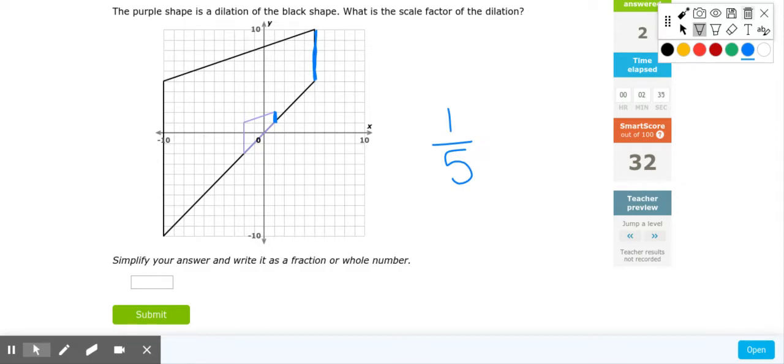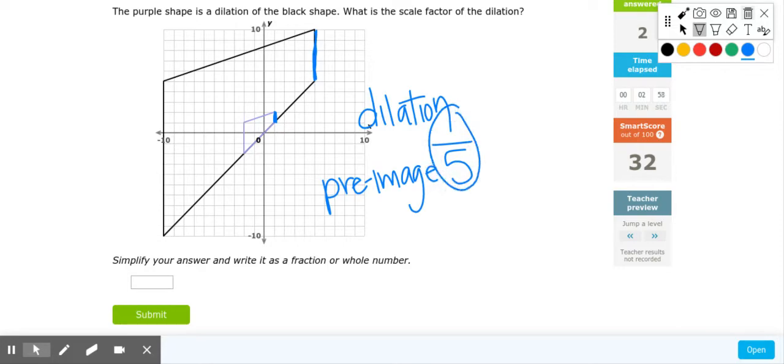You always put the dilation over the pre-image, and just make sure it's sides that correspond or match up. I always try to use perfectly vertical or perfectly horizontal side lengths. So this is 1/5.